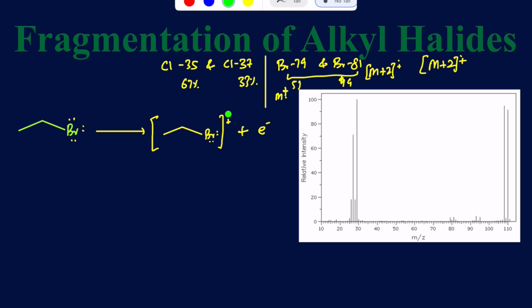I could draw the electron outside the molecule in the radical form, or I could leave it on the bromine. It doesn't really matter, but it would still give you a positive charge. The M over Z for this would be 110 and 108. So 108 would be coming from bromine 79 and 110 would be coming from bromine 81.